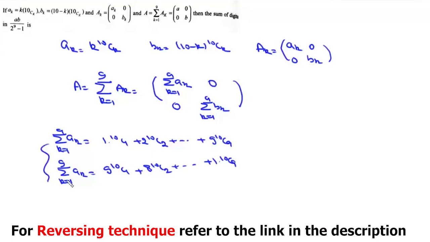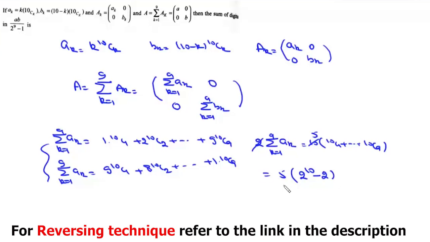Now if we add them both, we can write 2 times this summation AK where K varies from 1 to 9, it'll be 10 into 10C1 up to 10C9. Now we can cancel this 2 with 10, so it'll be 5, and this is 2 to the power 10 minus 2. So summation AK is 5 into 2 to the power of 10 minus 2.